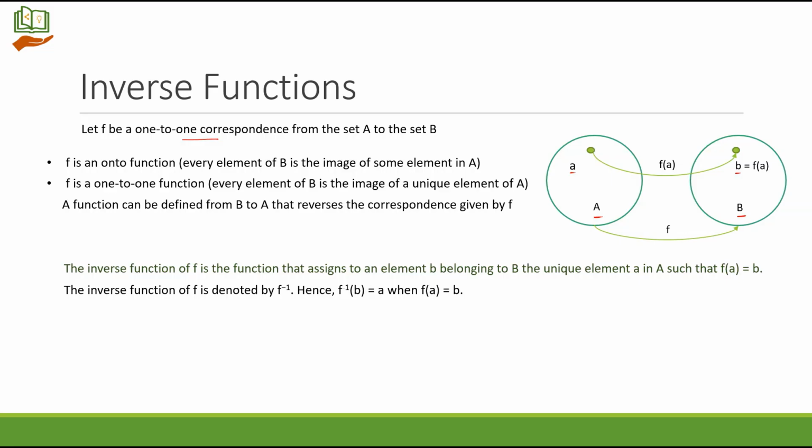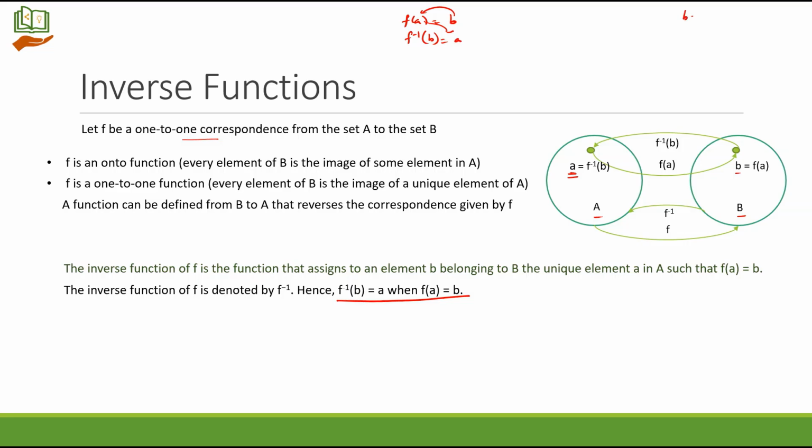Hence, f inverse of b will be equal to a when f of a is equal to b. So, just take f of a is equal to b. When you want to invert, you will use f inverse of this particular value here, and you will be able to get a here. So, just see the mapping. When it is from B to A, it is denoted by f inverse, and f inverse of b is equal to this value a.